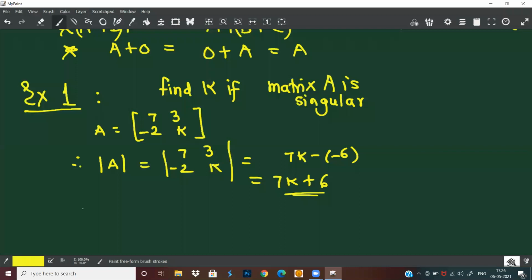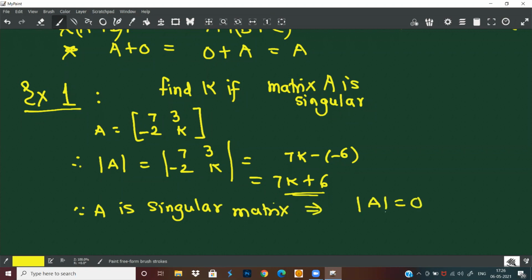Now, because A is singular matrix, determinant A is 0. So जो अपना value आया, got it? Super. Chalo, I'll give you the next one.